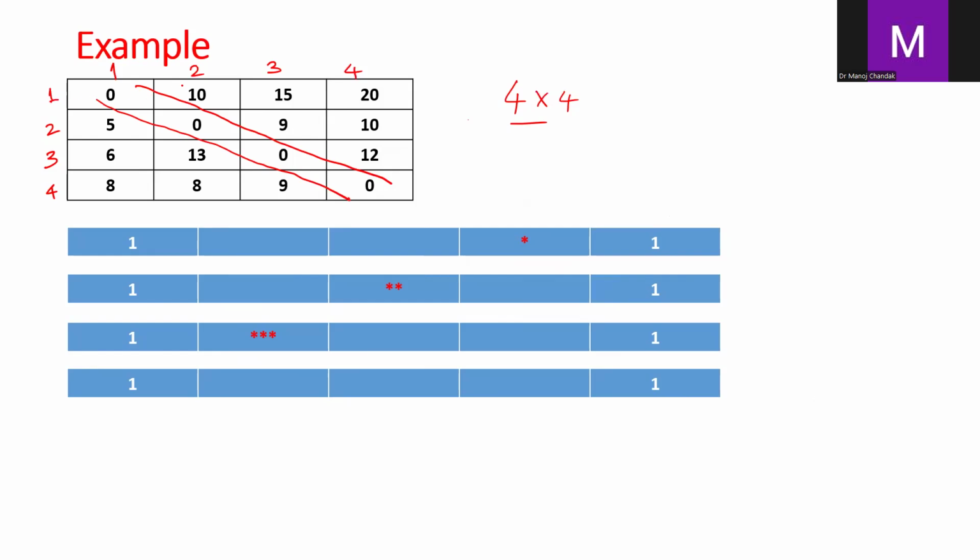If I take 1 to 2, the cost is 10, and 2 to 1, the cost is 5. So my graph will briefly look like 1 to 2, cost 10, and 2 to 1, cost 5. In this way, I will have the remaining vertices connected. From 1 to 3, the distance is 15, and from 3 to 1, it is 6.